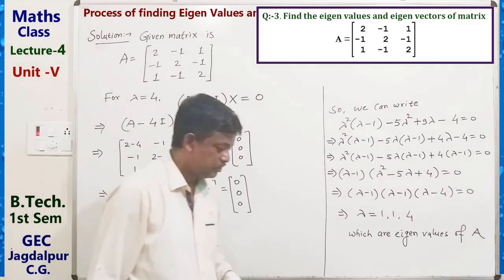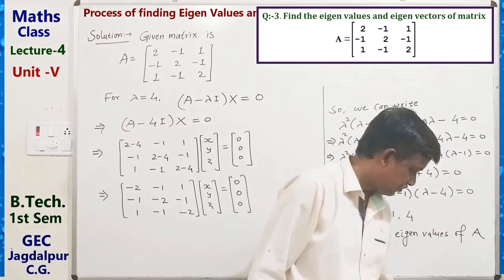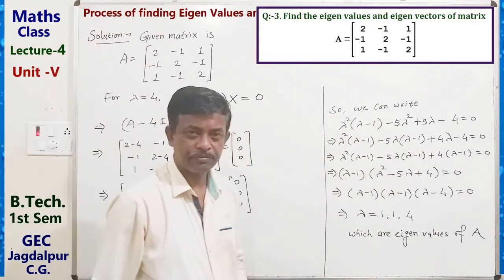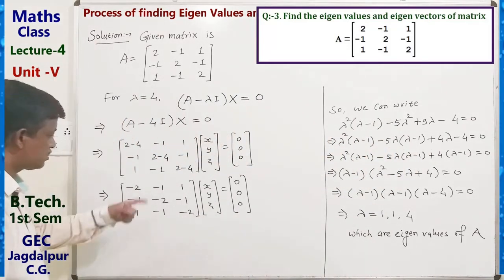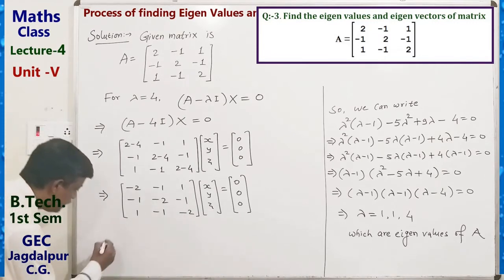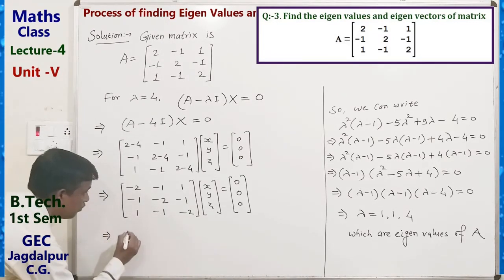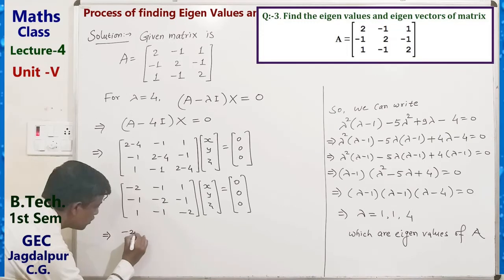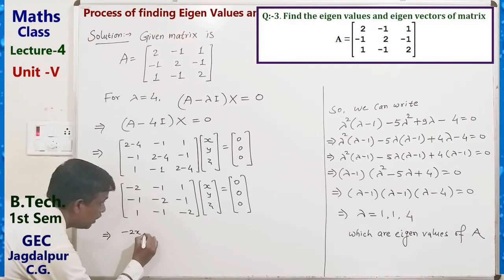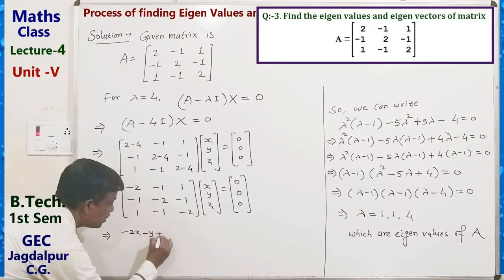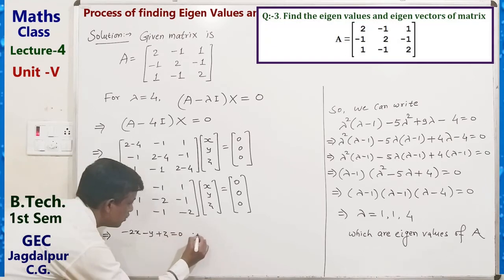So we can get the solution by using equations. All equations are different, so just write equivalent equations here. Minus 2x minus y plus z equals to 0, equation 1.